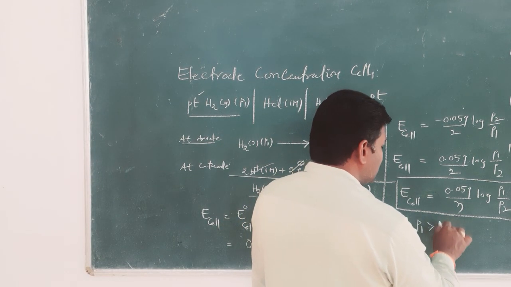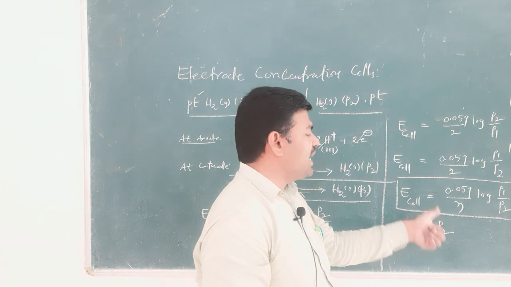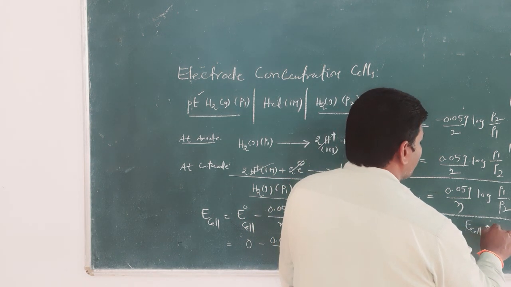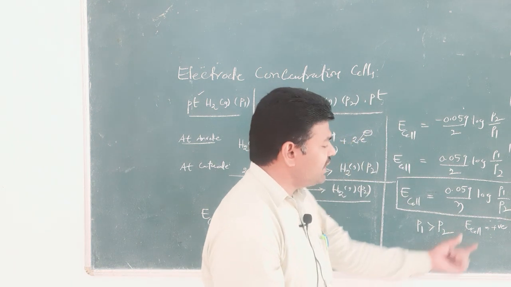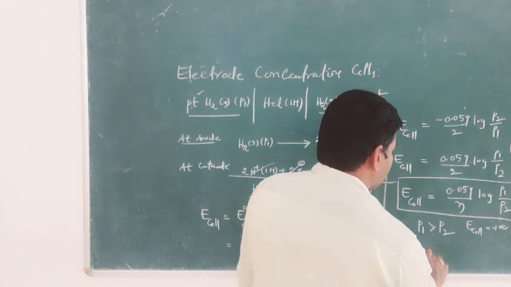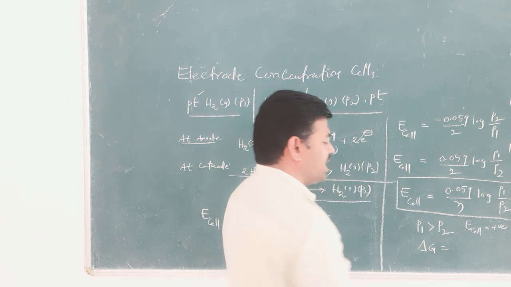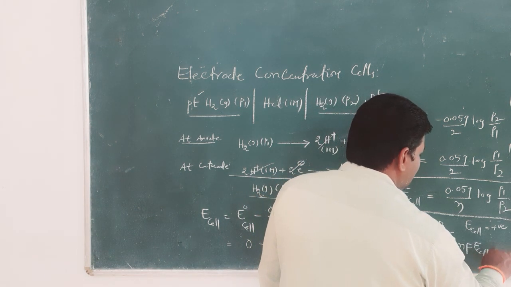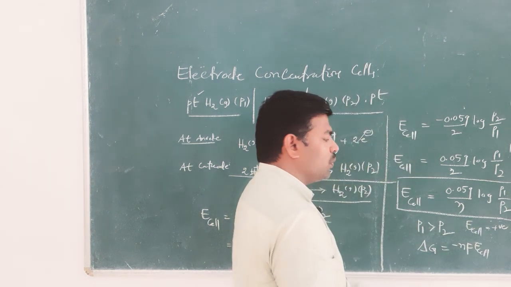Whenever E cell is positive, delta G becomes negative, because E cell and Gibbs free energy are related by the equation delta G equals minus nFE cell.